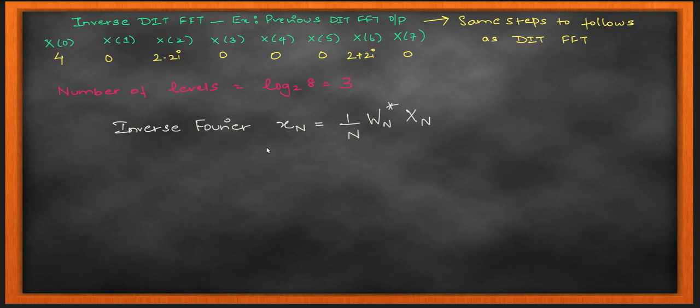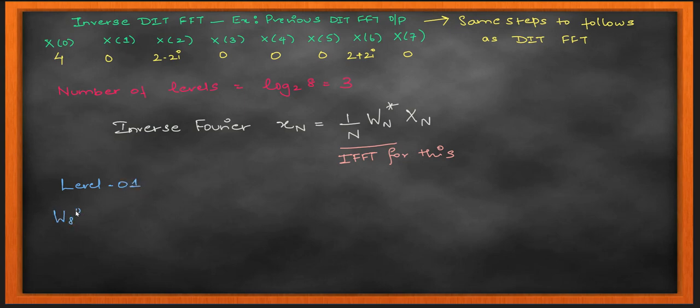So let me just write these conjugate values for you, because many of you go wrong with this conjugate and symmetry. So the conjugate values, what we do. So when I write Wn conjugate, what I'm going to do is I'm going to take my Wn values, and wherever there is a j, that imaginary variable j, I am going to change the sign of that j.